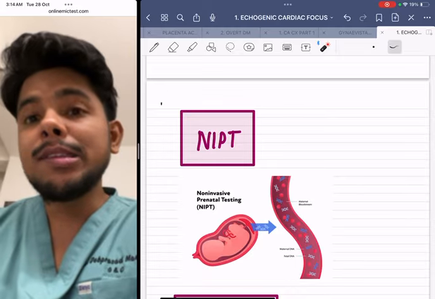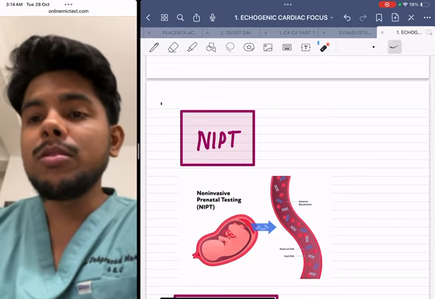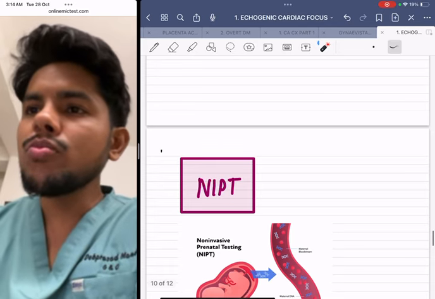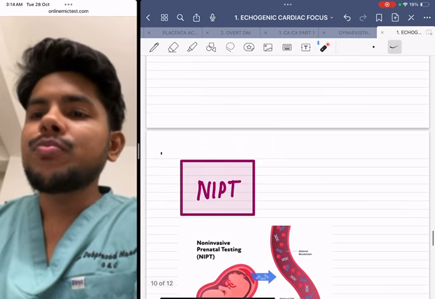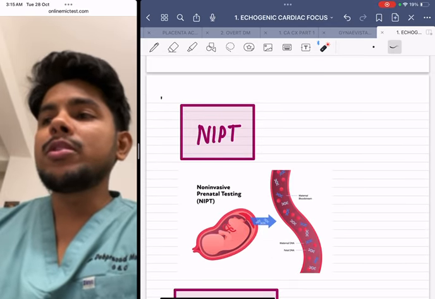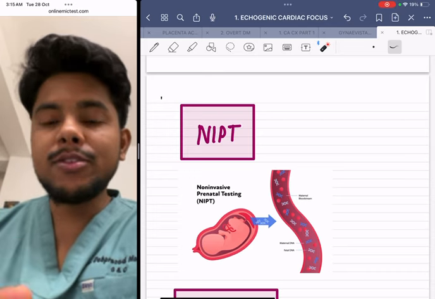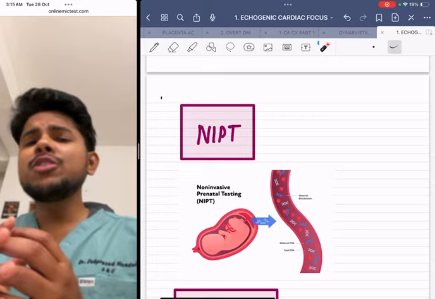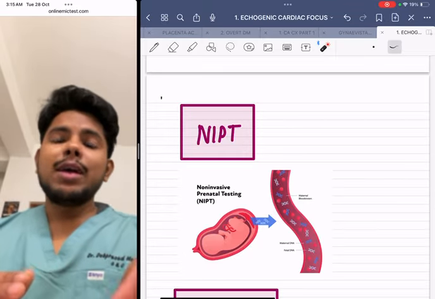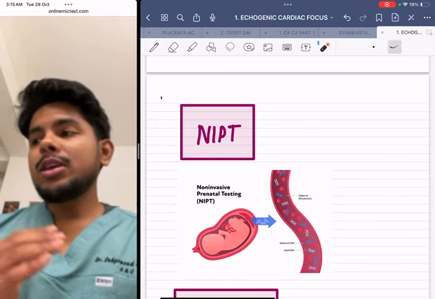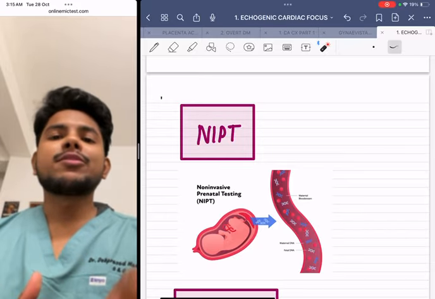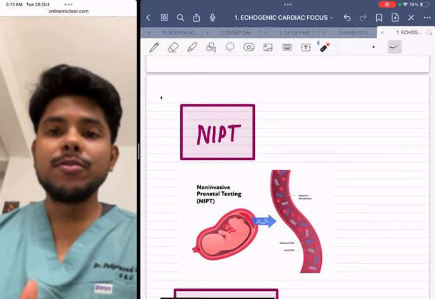It's a non-invasive test. So if there is a positive screening test for Down syndrome, the next step is this. Initially, we used to go for amniocentesis straight away, but right now we don't go for amniocentesis straight away because it is invasive.